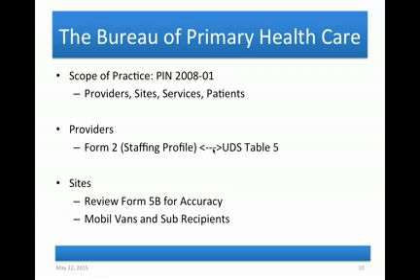Medicaid Services. Also, subrecipients. If you have one, they must be listed. A subrecipient is defined as someone to whom you literally take some of your Section 330 funding and give it to another organization.